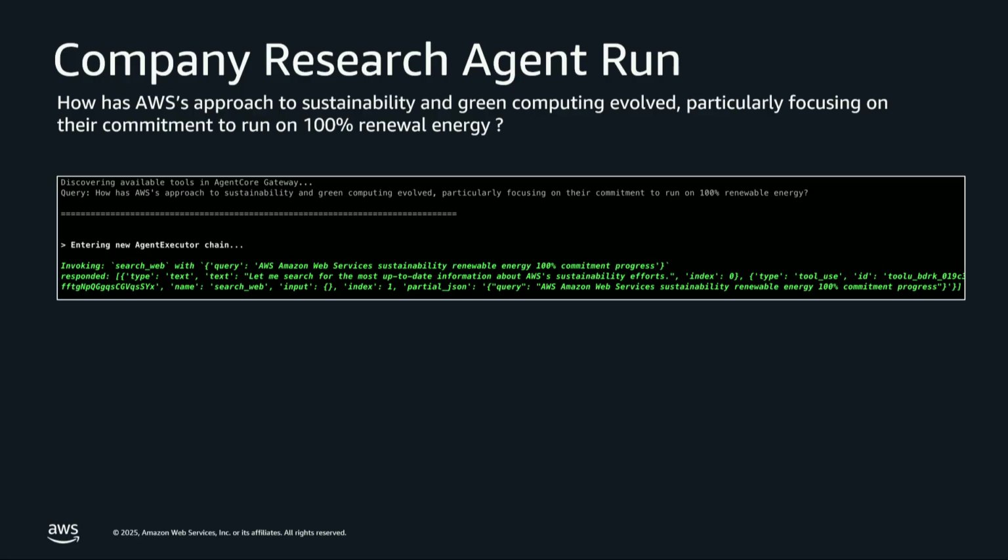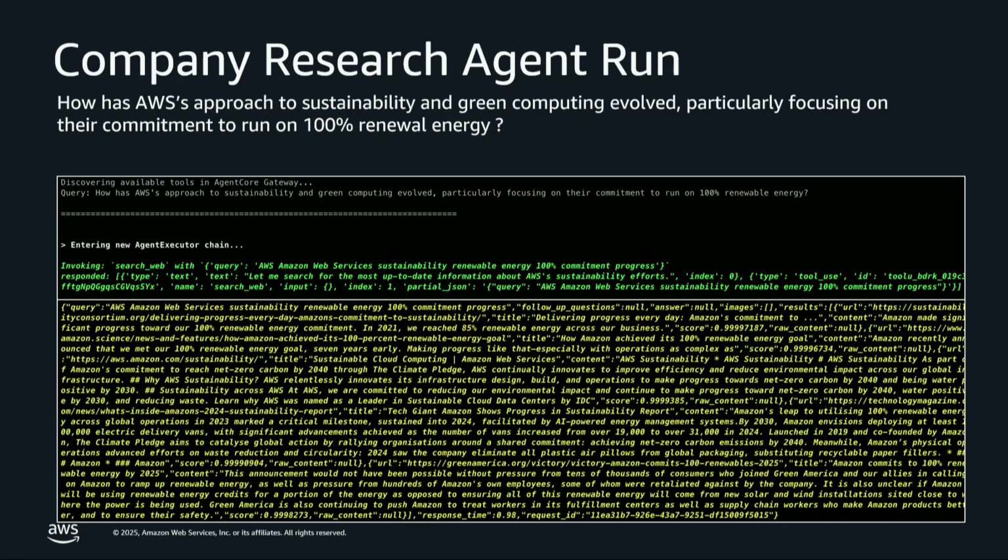So in this case, it says I want to search the web with the information AWS, Amazon Web Services, sustainability, renewable energy, 100% commitment progress. So this is the determination of the LLM saying, I've seen the query, and I'm going to be using this tool, and the tool is going to be used with this argument, right?